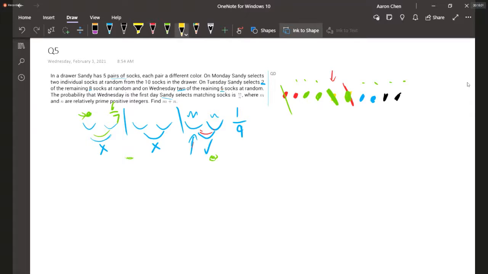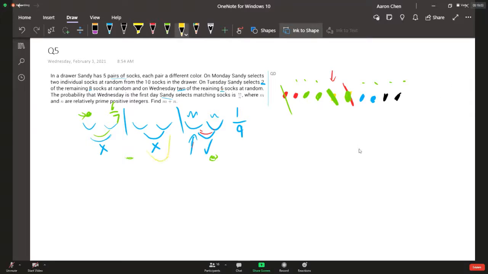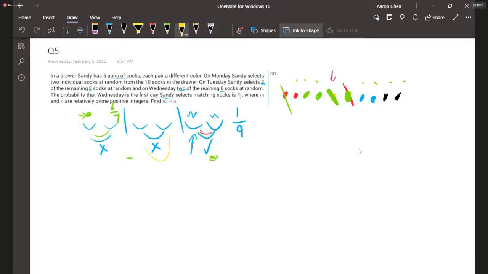And now for this pair, we can casework off of the color of the 3rd sock. If the color of the 3rd sock matches with one of these 2, this happens in 2/6 of the ways, because there's a total of 6 socks here, and 2 of them match with the previous.